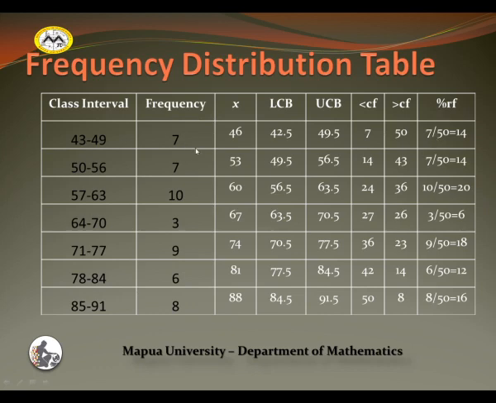So 7 observations for the first class interval divided by 50 is 14%. Again, for the next class interval, 7 divided by 50 times 100 is 14%. 10 divided by 50 times 100 is 20%, and so on. The total of the percent relative frequency should be 100%.